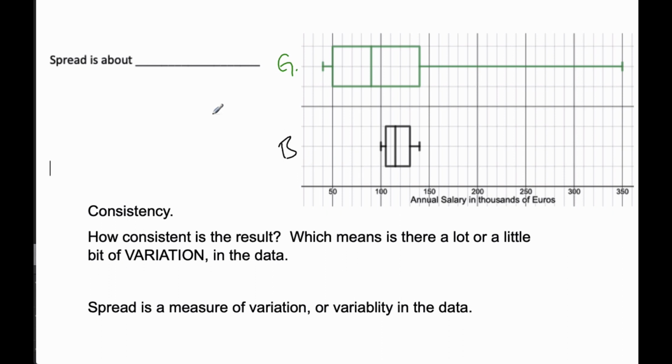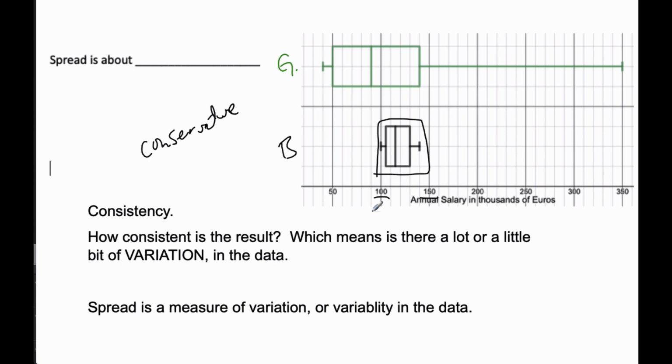And so if you had to choose which company to work for, which one would you choose? There's no right answer, there's no wrong answer. The spread of this is larger than the spread of the black company. That's not better or worse, it's just different. If you are conservative and you don't like to take risks and you don't need the biggest and the most, you might want to consider working for the black company because your salary is quite high, but it's not super crazy high.